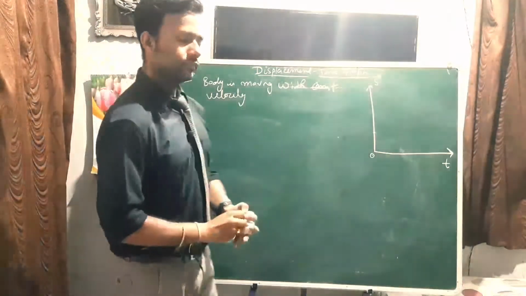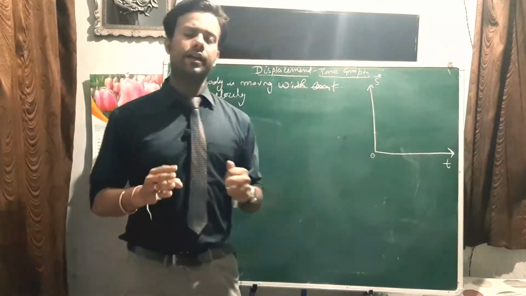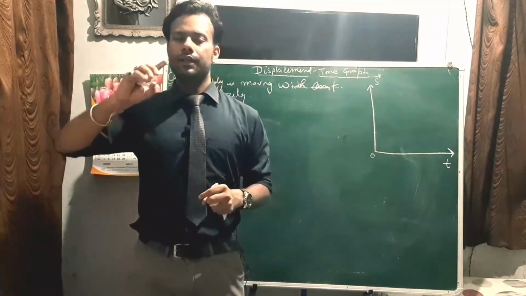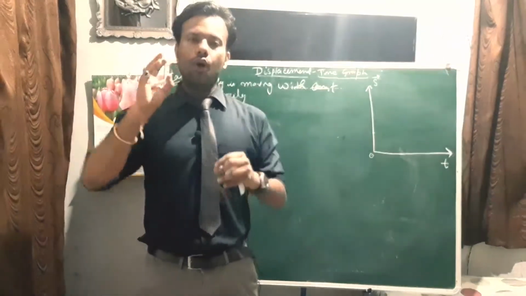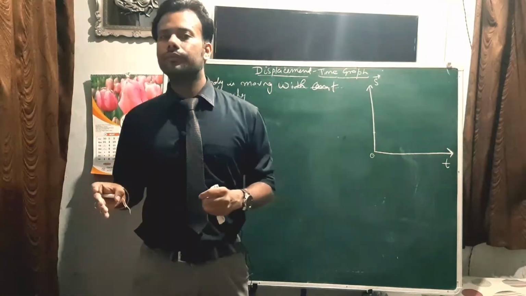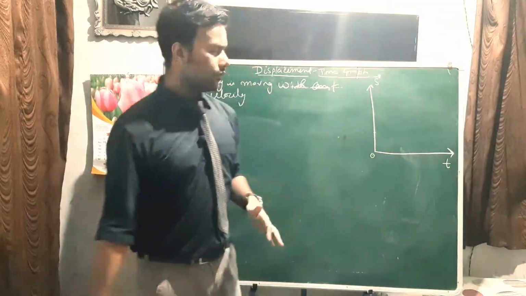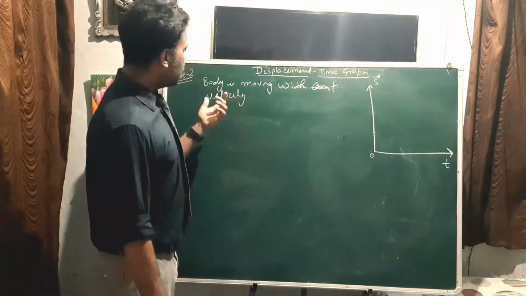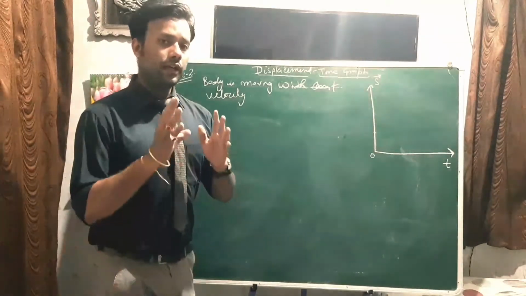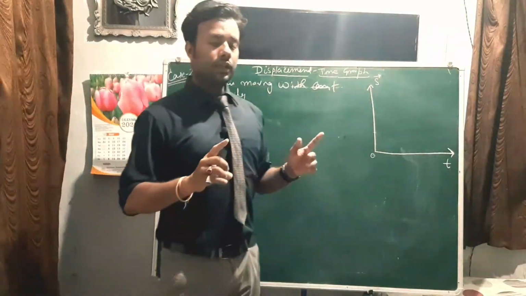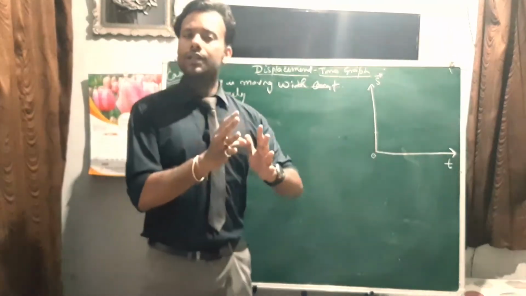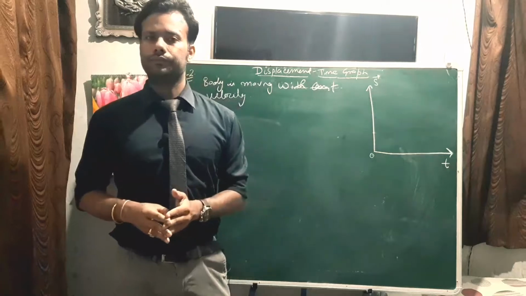One thing: whenever you make these graphs, keep in mind what the slope of the graph represents and what the area under the graph represents. Now in this case we know that the velocity of the body is constant, and you know that the velocity of the body is represented by the slope of the graph.